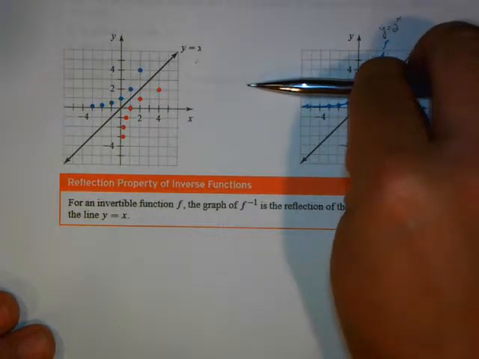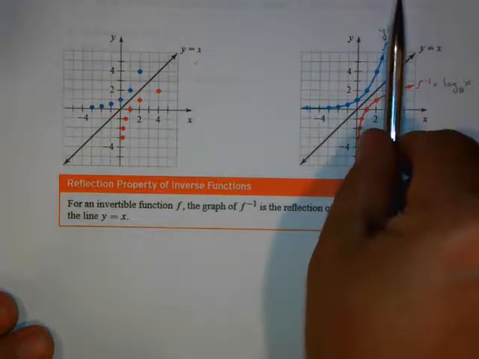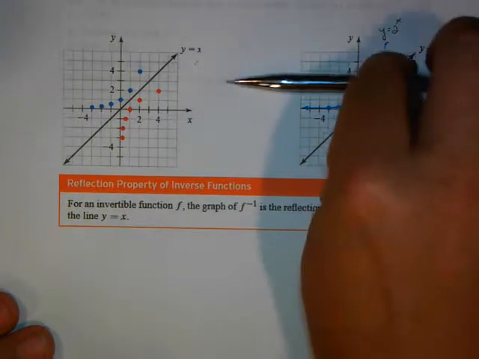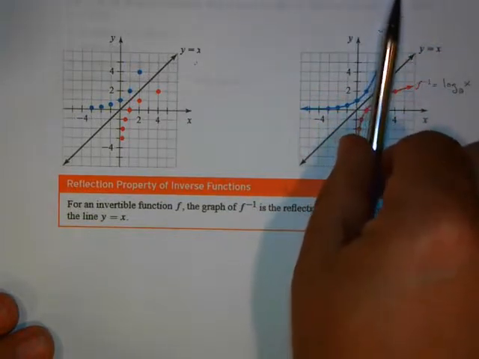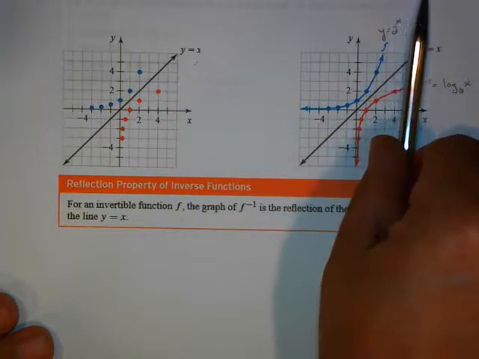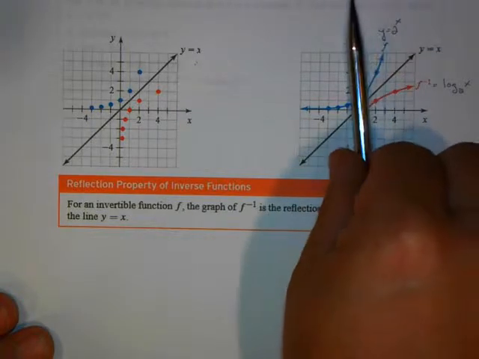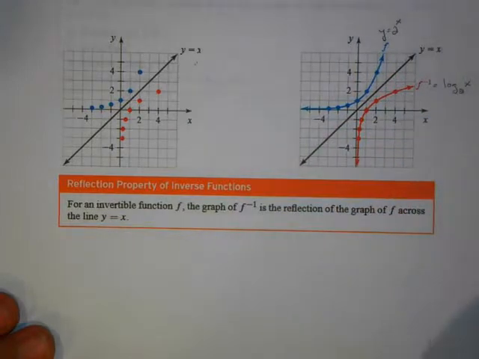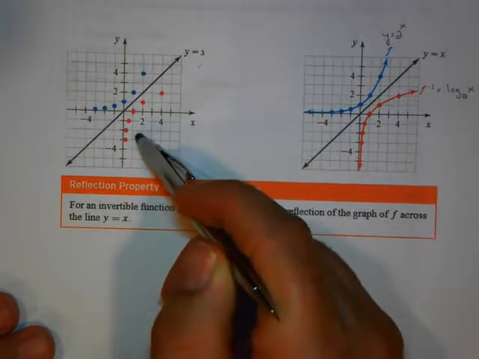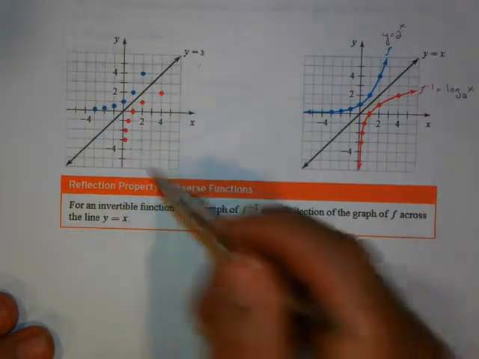So the horizontal line on the function is going to be referring to the vertical line on the inverse. And you can see how it passes the vertical line test. So a vertical line test tells you if it's a function, and a horizontal line test will tell you if the inverse is a function.